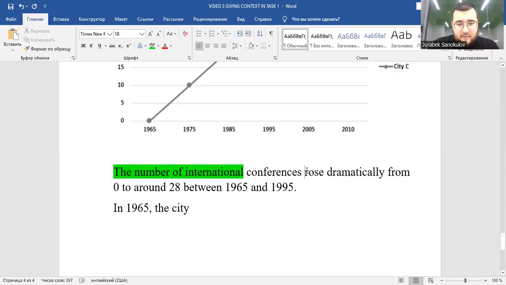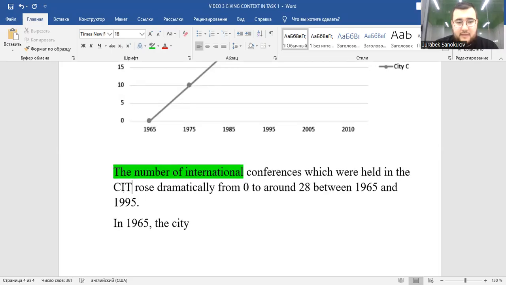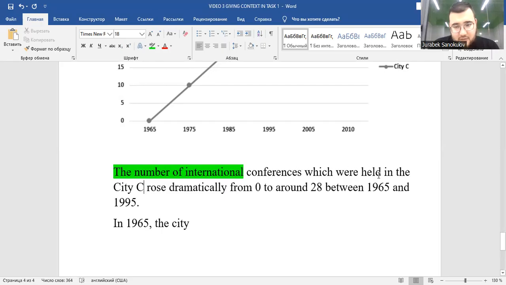I forgot to include the full context earlier, because I didn't mention the city. So now I provided a full context.